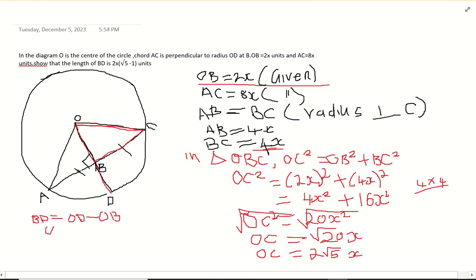So we're going to give it a reason that they are both the radius. The radius is the line from the center of the circle to the line of the circle. I don't know how to put it, but that's the radii. OC is equal to OD, both radii.